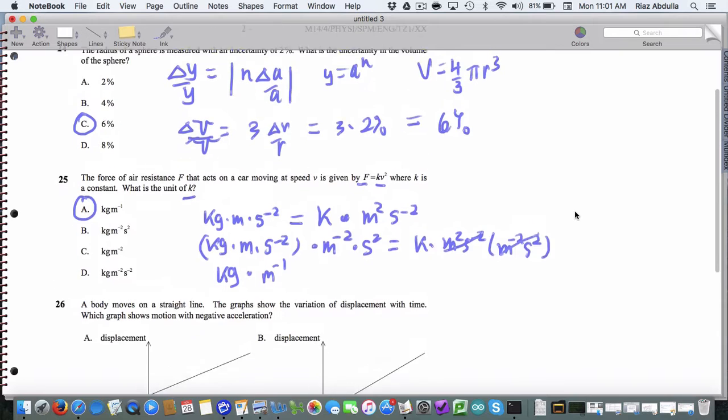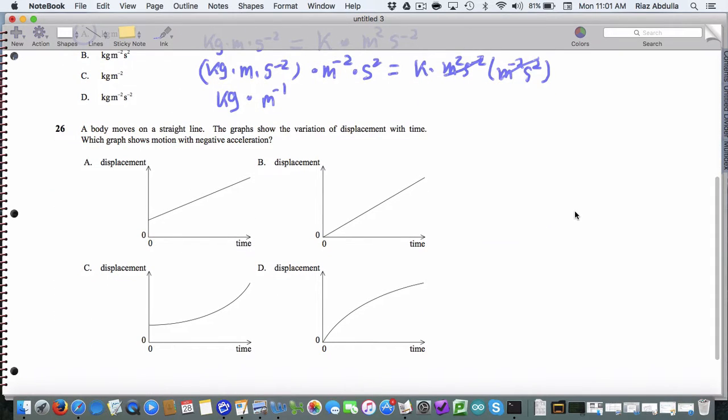Now here, we have an object with displacement versus time. Let's be clear here. These don't work because there's clearly no acceleration. So a is 0 here and here, because displacement versus time is a straight line graph, which means we're moving at a steady speed. Here, we're going from slow to fast, and we're moving forward.